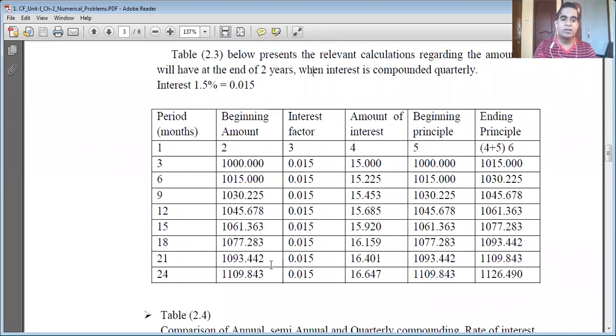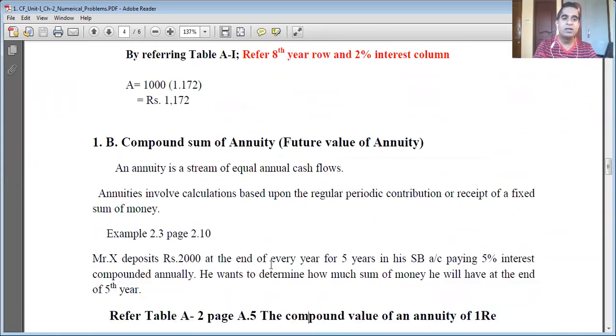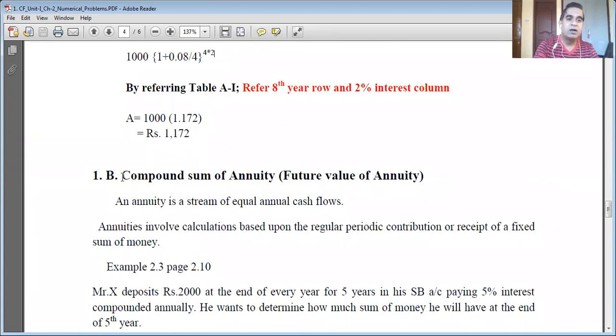So after solving simple numerical problems, then we moved on to the second case, that is compound sum of an annuity. So annuity is a stream of equal annual cash flows. Okay. So I hope you can recall.